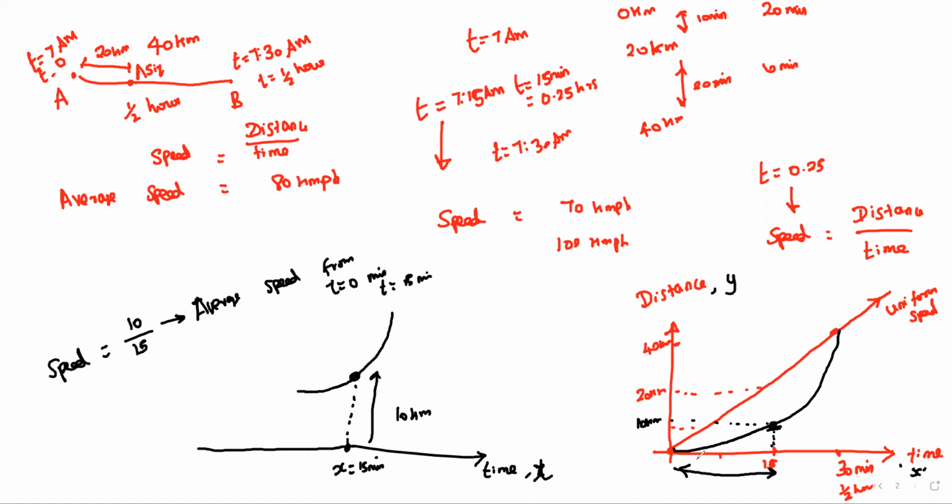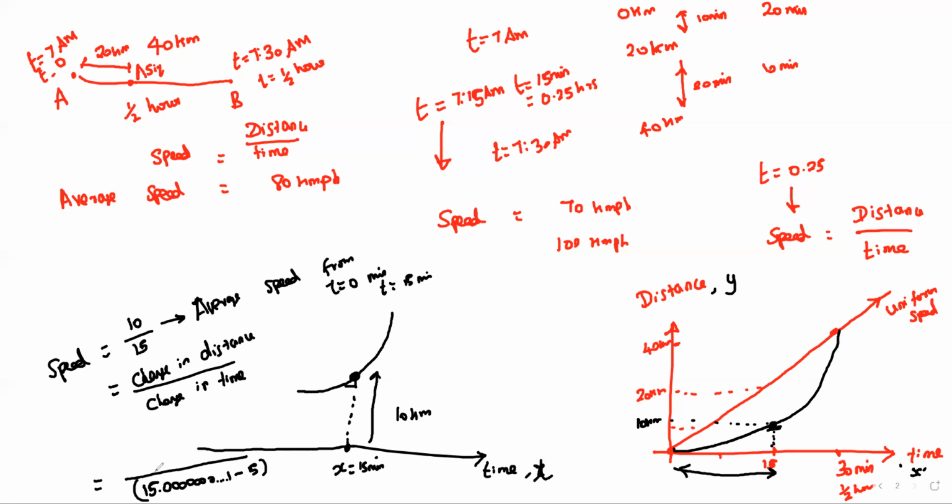So for that, what I have to do is take a small distance and small time. That is change in distance by change in time near t equal to 15. Change in time means you take 15.000000 and so on, infinite 0, put 1, minus 15.